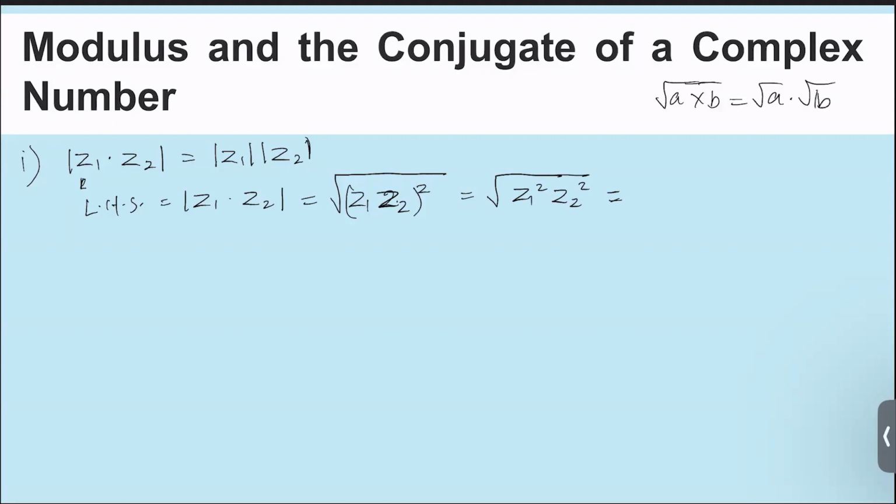So now this can become the square root of Z1 square multiplied by the square root of Z2 square, and that gives you the modulus of Z1 times the modulus of Z2. Okay, so this is your RHS. You can see that this holds when we consider the modulus of a product of two complex numbers: you can put them under the modulus sign, or multiply the moduli of each of the complex numbers.